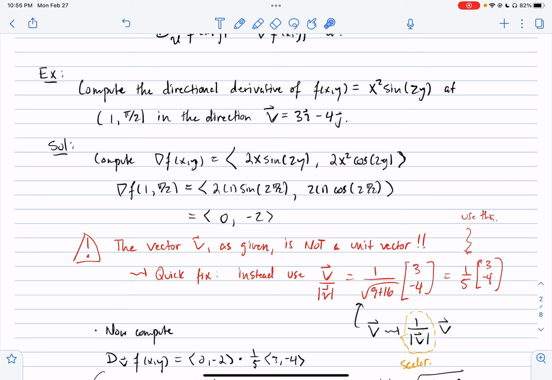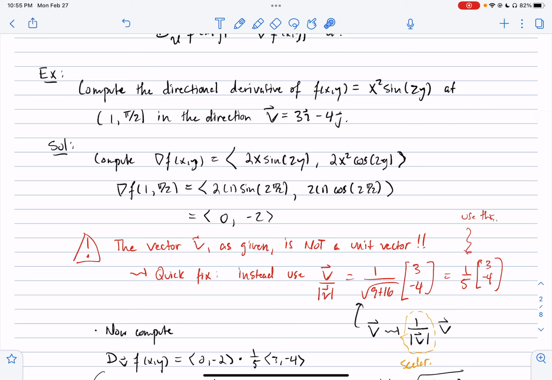Okay, so all that we've done here is we've computed the gradient of our scalar valued function at the point 1 comma pi over 2. What we'd like to do is take the dot product between the gradient and the given vector v.